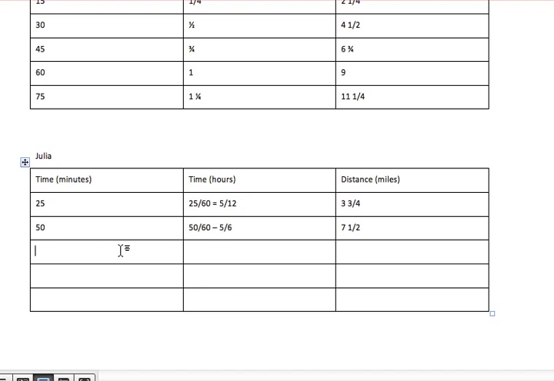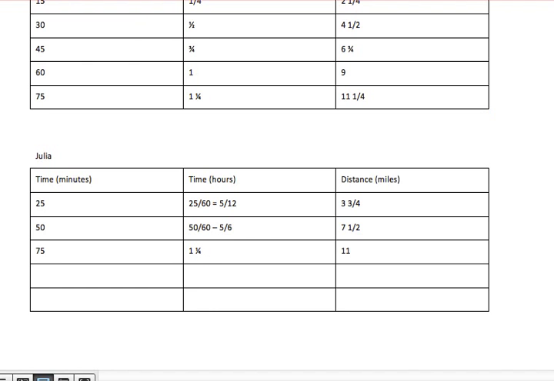Extending it a little bit further, if she went 75 minutes, and you'll notice the 75 minutes does match in Izzy's table above, 75 minutes would be 1 1/4 hours, simplified.